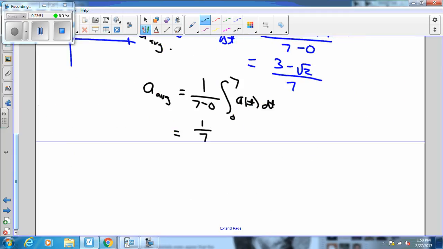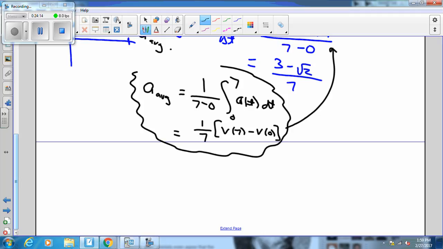I can, because when I add up the acceleration, what I get is the velocity. But this requires me to jump ahead a little bit to a fundamental theorem to get there. So just don't worry about this right now.